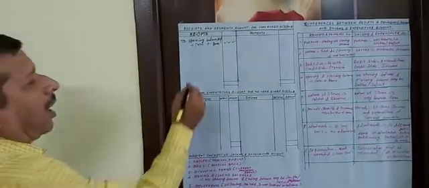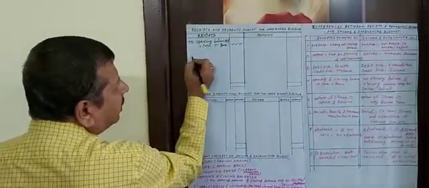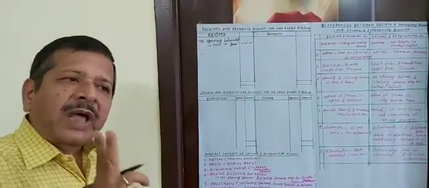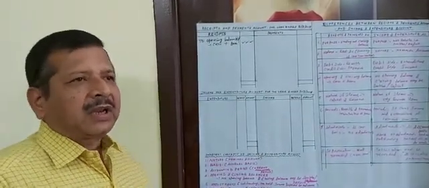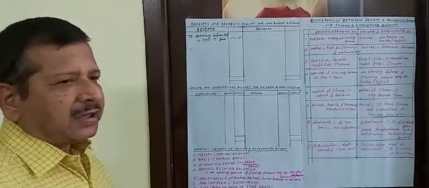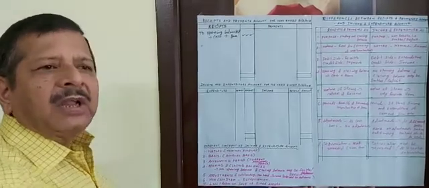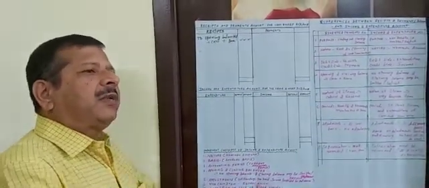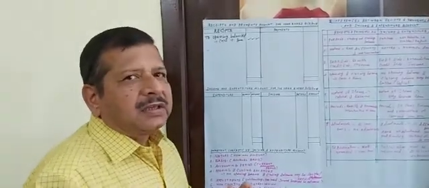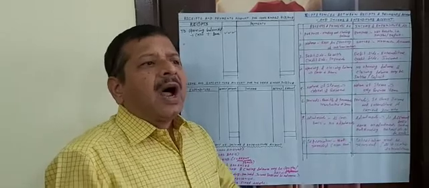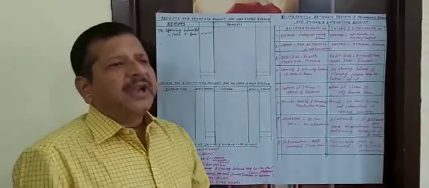After the opening balance, I already told that there are two types of receipts. One is capital receipt, another is revenue receipt. Capital receipt I have explained already, even then I am telling once again. Capital receipt means the receipt which will be kept by the organization and used for a long period of time.